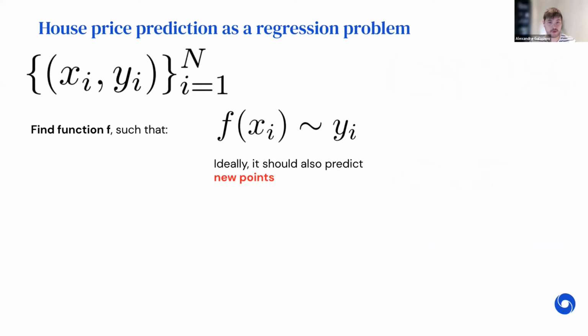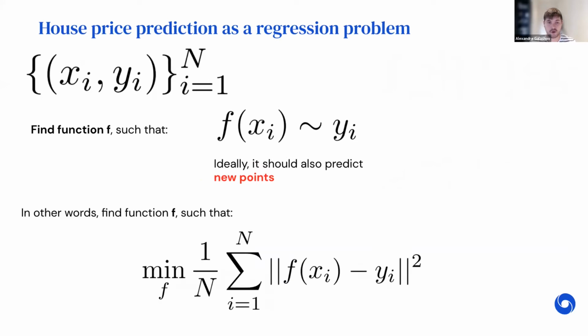This problem can be formulated as a regression problem by saying that we want to minimize this objective, where what I express is the closeness of the predicted value by the function.